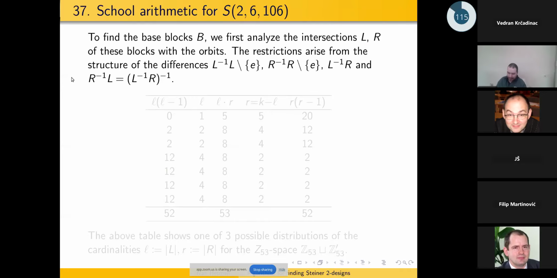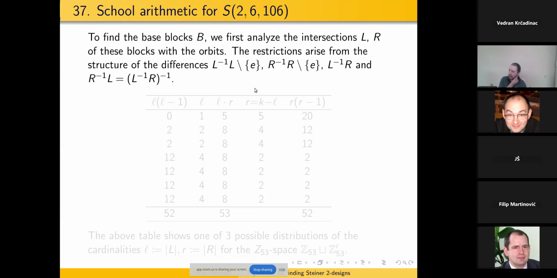This part is very simple, actually school arithmetic, and can even be explained to children in school. To find the base blocks B, we first analyze the intersections L and R of these blocks with the orbits. The restrictions arise from the structure of the differences, these differences.